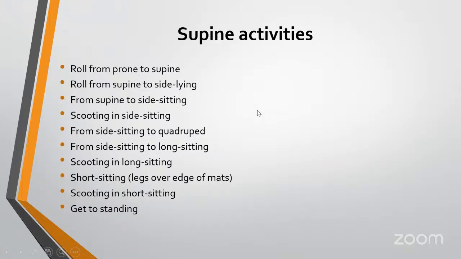Then in supine lying, rolling from prone to supine, then from supine to side lying, then from supine to side sitting, then to scooting in the side sitting, and also from side sitting to quadruped position, from side sitting to long sitting, from scooting in long sitting, short sitting, then scooting in short sitting, then getting to stand up.